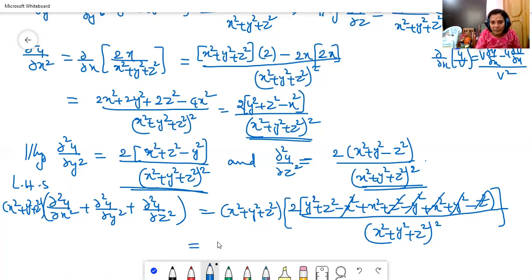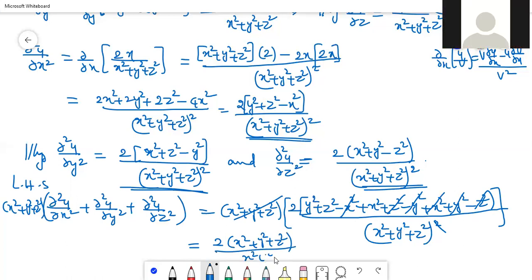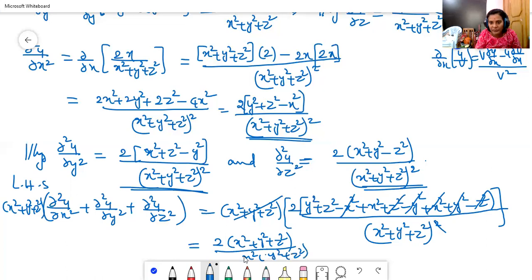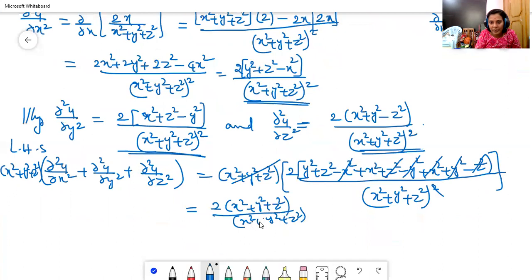It is equal to 2 into x square plus y square plus z square, and one denominator power is cancelled. The numerator terms, what are they? X square plus y square plus z square. In the denominator, x square plus y square plus z square. Both will get cancelled. So it is equal to 2. This is the RHS.